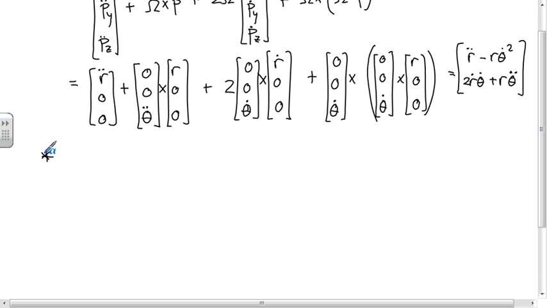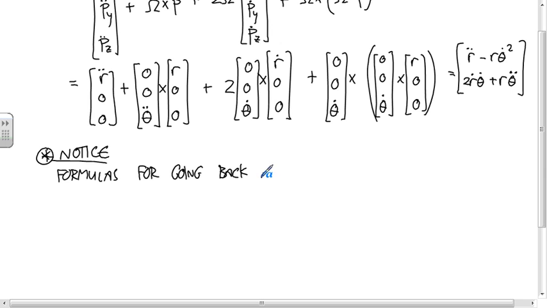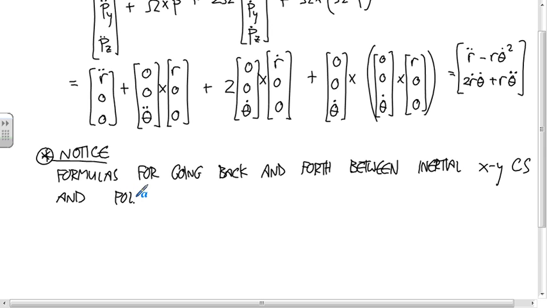One thing you should notice about polar coordinates, maybe you remember this from other classes, there are formulas for going back and forth between the inertial coordinate system that I drew on the last page, with that horizontal x and the vertical y, and that polar coordinate system.